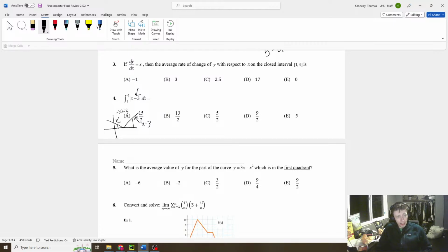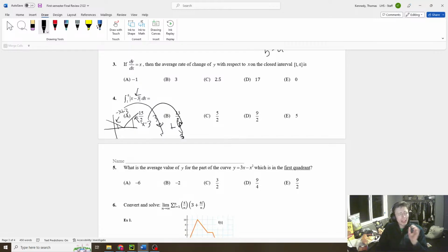And you can integrate these two parts. You can integrate from 1 to 3 of negative x plus 3 and add it to the integral from 3 to 6 of x minus 3.